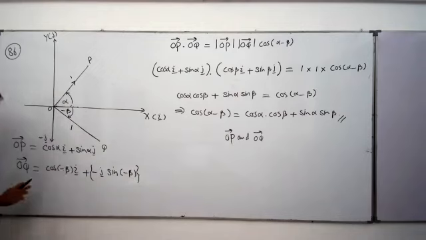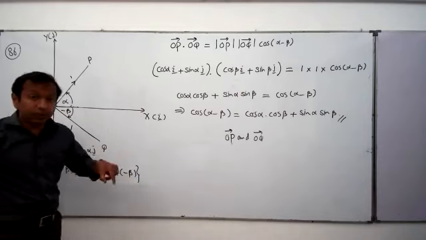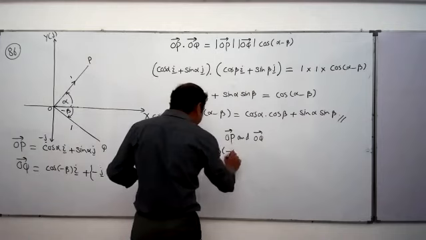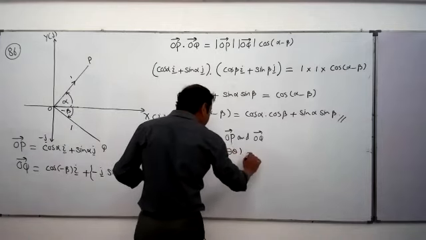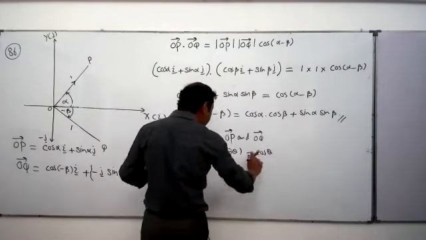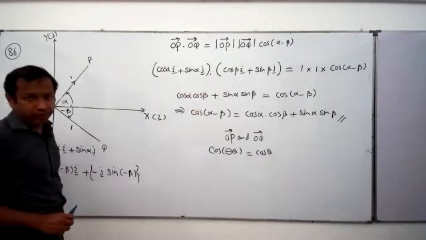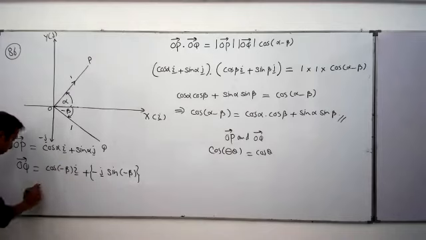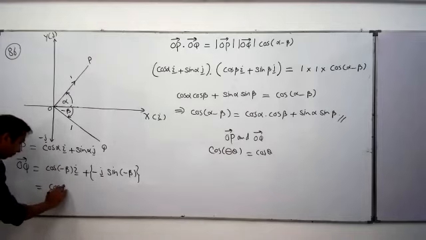Now what do you get here? What is cos minus beta, people? Cos minus beta is cos beta. We said inside the cos, if we have a negative angle, this negative sign we can ignore, and we can write cos minus theta as cos theta. We know that. Then here cos minus beta is cos beta i.